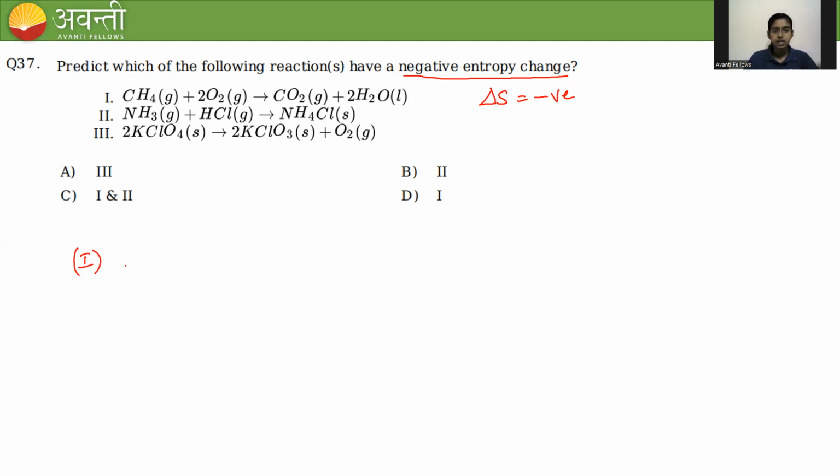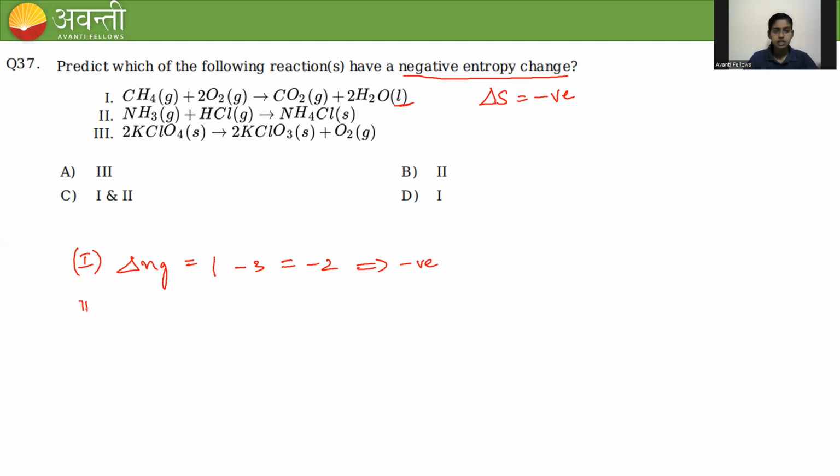To find the delta ng for the first reaction, this is a liquid, so we should not consider that. We have 1 mole of carbon dioxide, and on the reactant side 1 plus 2, that is 3 moles. So 1 minus 3 is minus 2. So minus 2 is a negative value, right?